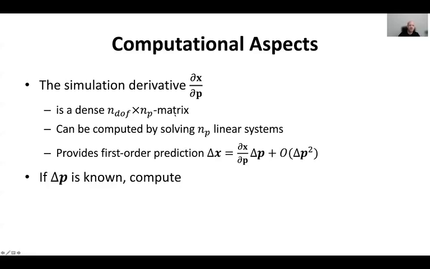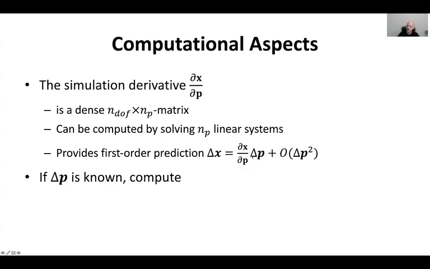Another point would be that it provides a first order prediction for the change in equilibrium state incurred by a given change in parameters. Well, I'm emphasizing this first order here because, of course, it's just an approximation of the new state.